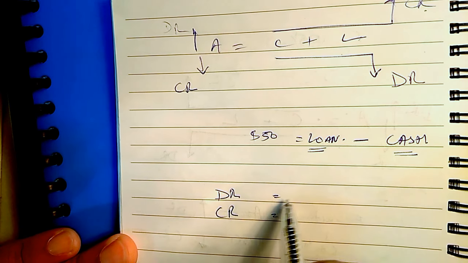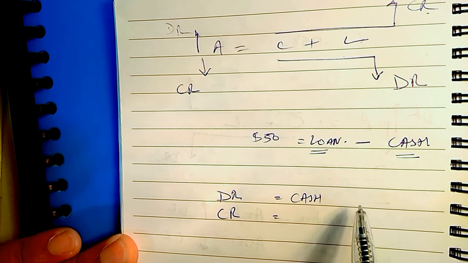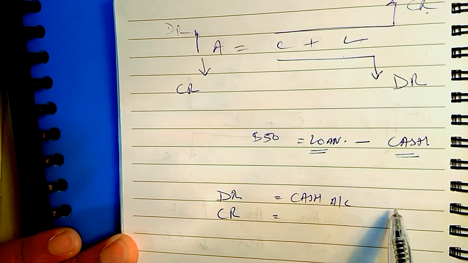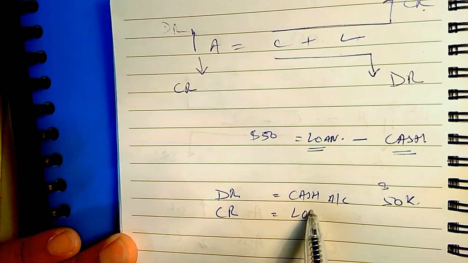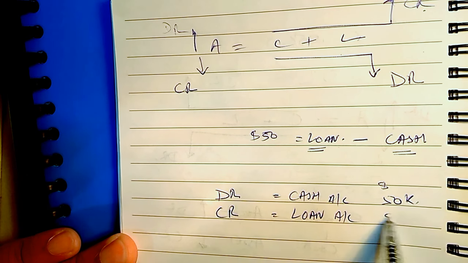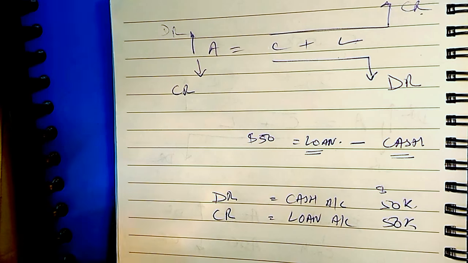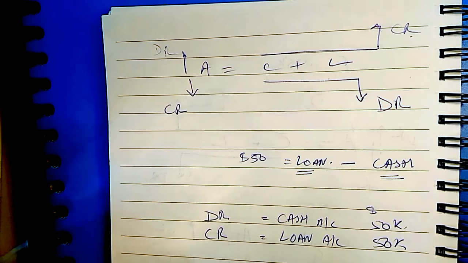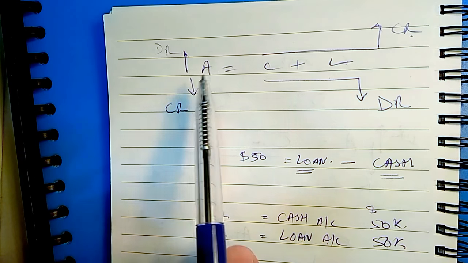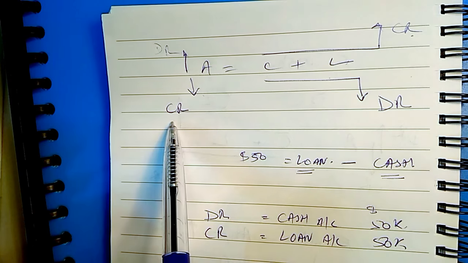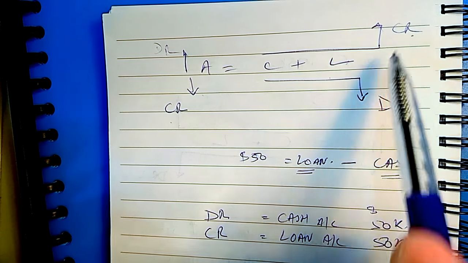So debit cash account 50K, and credit loan account 50K. Okay, so we have dealt with asset accounts, assets going up debit, assets going down credit, and capital and liability.